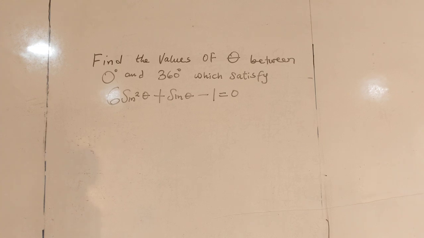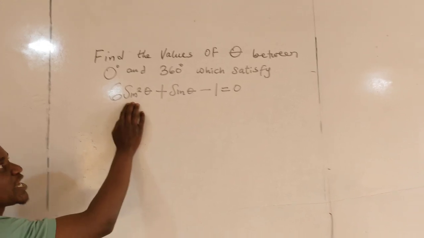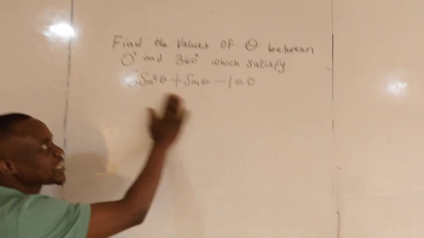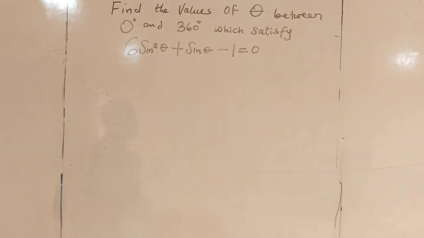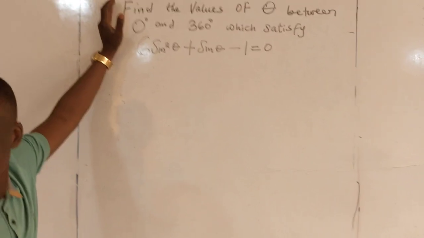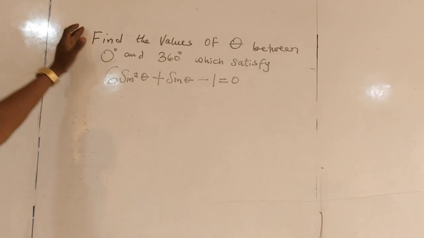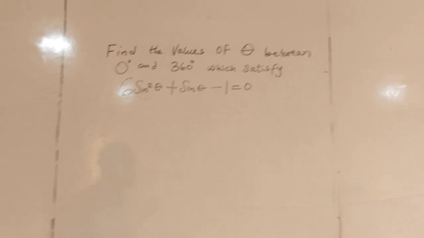Of course, if not for the sine, this looks like a simultaneous equation, right? That is why it is called trigonometric ratio.